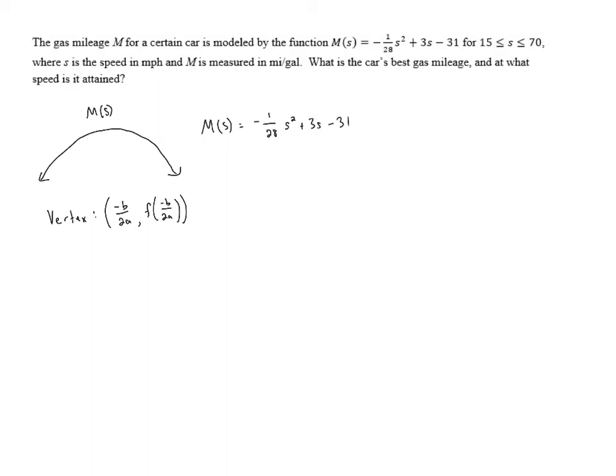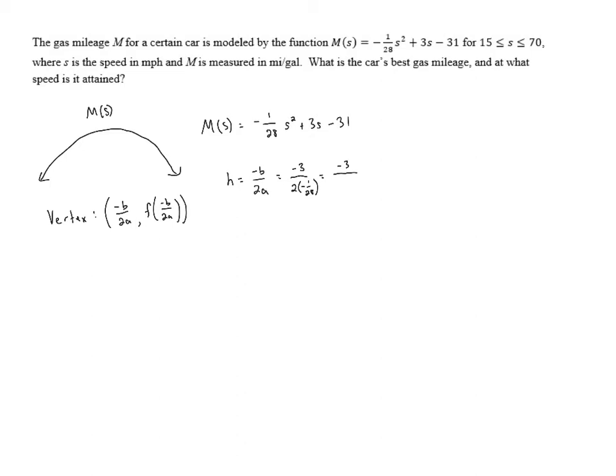The x value of our vertex, which we usually represent with h, we get by taking the opposite of b over 2a. Now b is 3, so the opposite of that is negative 3 over 2 times a, so 2 times negative 1/28. When we look at the denominator and multiply that, we can cancel out a 2 with a factor of 2 in the 28.